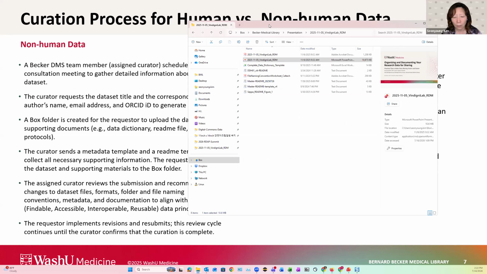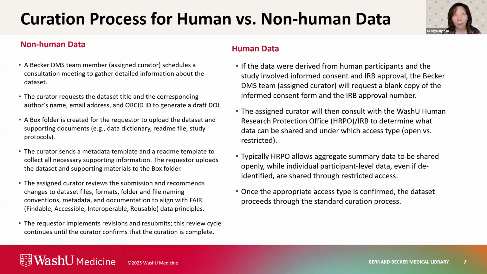So it's a little different. Keywords are for the entire study level. So I'm going to show you an example of the data dictionary template, and then you will probably have a better understanding of what I mean.